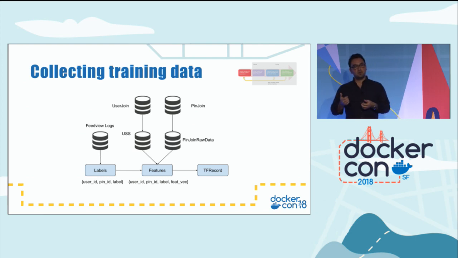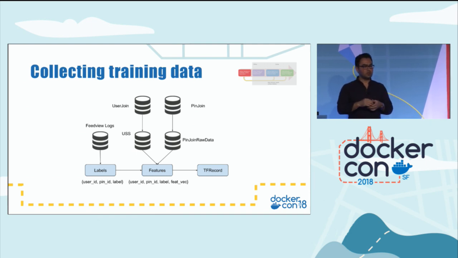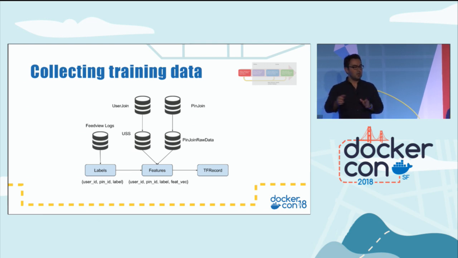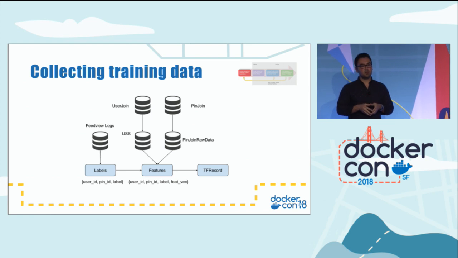And the positive actions are basically if you click on a pin or if you close up to see the image bigger, or let's say you like the pin so much and it's relevant, then you save your pin and that becomes a repin. Or let's say you clicked on the pin and you spent quite a bit of time with what was behind that pin. And that becomes your another positive label that we call long view, because you viewed it longer than a standard click.